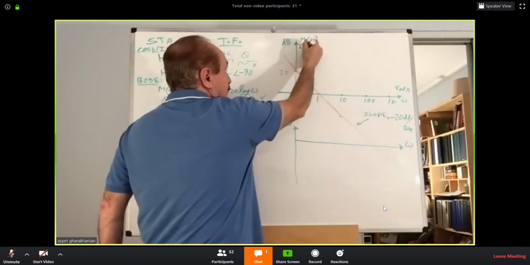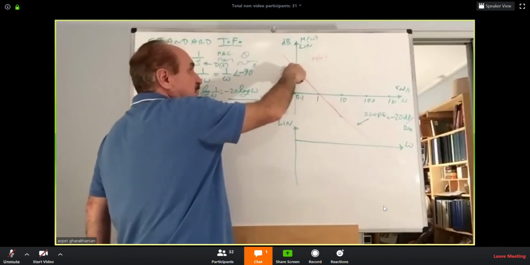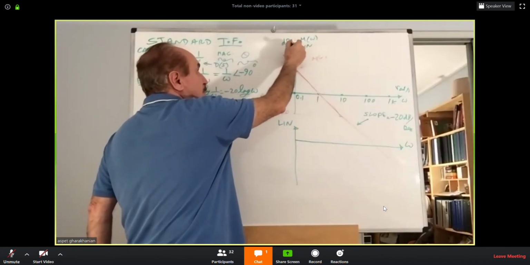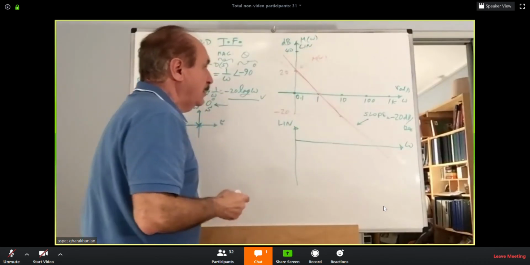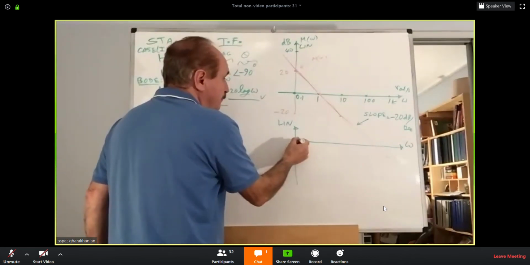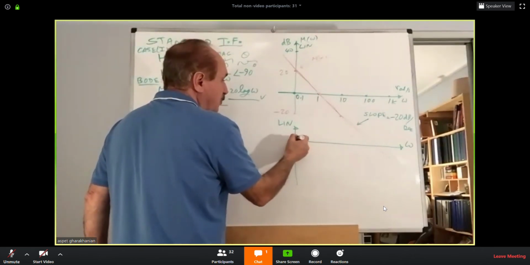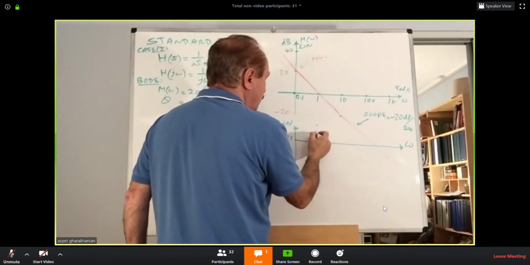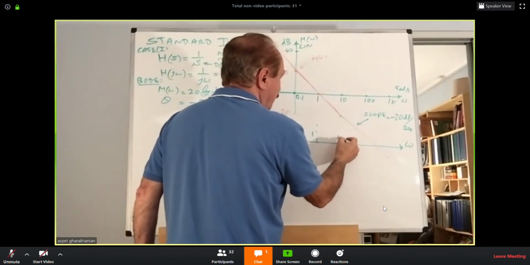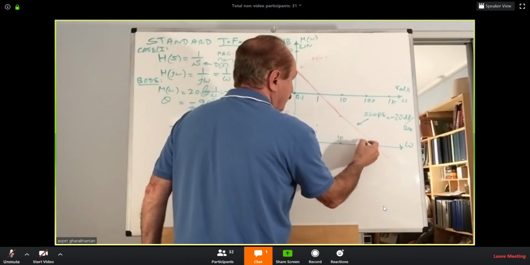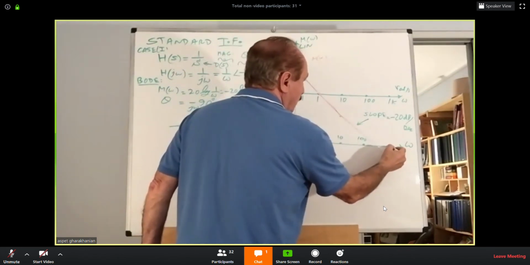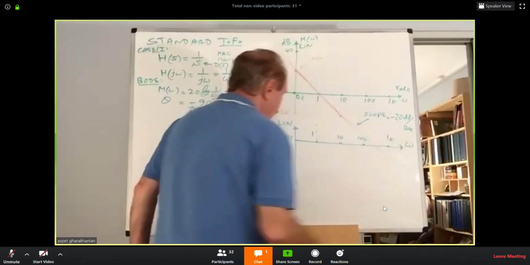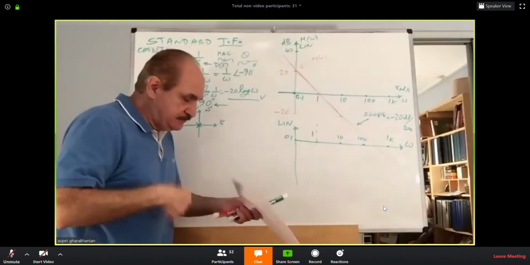Otherwise, it is linear. So if this is 20, that's a 40 dB. Here, it's logarithmic, so we go to 0.1, and then we get to 1, tenths, hundredths, and 1/k, etc.